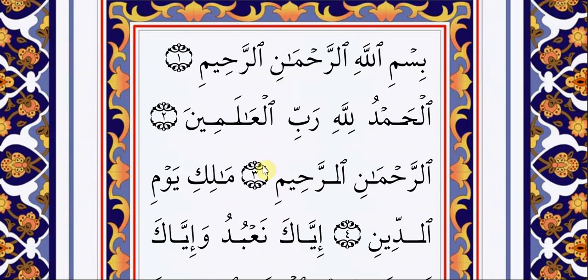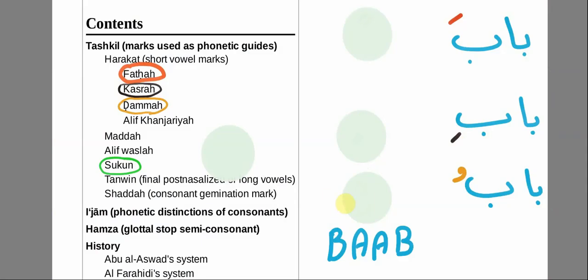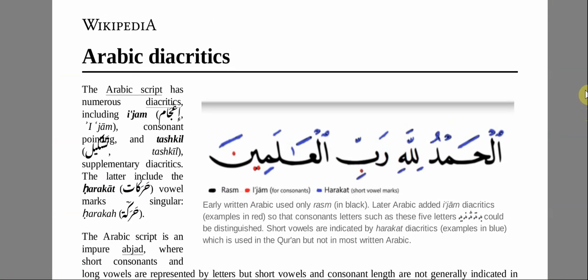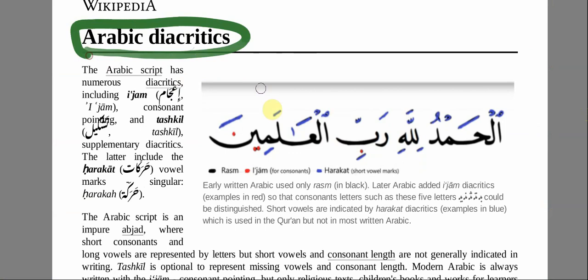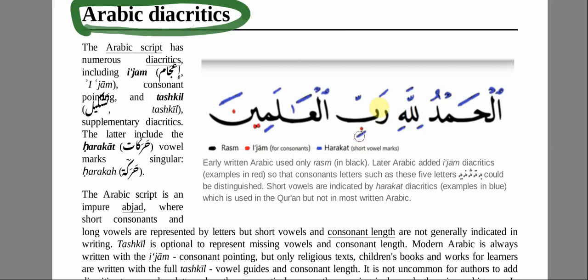If you download the Quran, or this is an article from Wikipedia, it's called Arabic diacritics. You see here they use the same thing. If you type this name, you will get a full article about these movements. You can read it there. These blue ones are what they call diacritics.